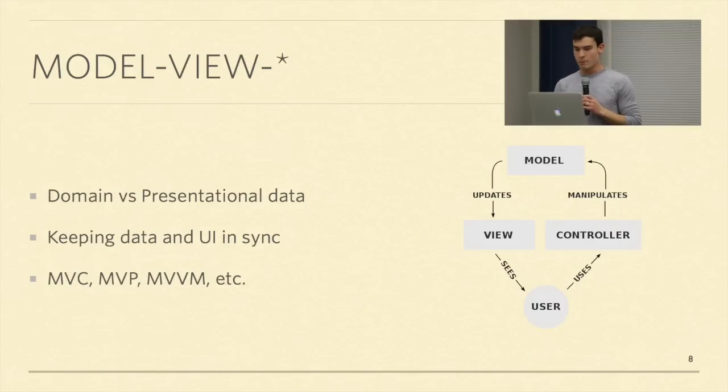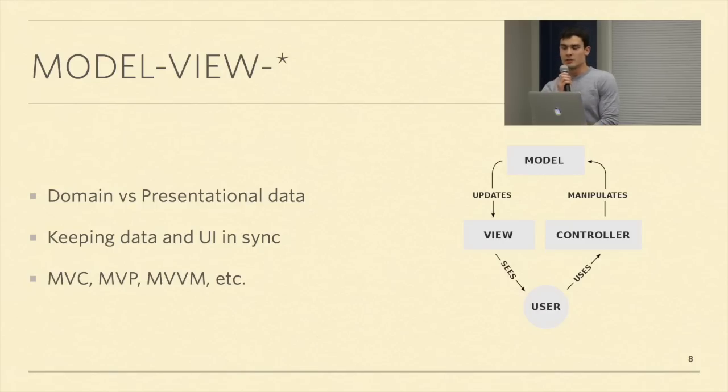With MVC and all of the different flavors around it, it's mainly concerned with separating different concerns of your application. You have different types of data. You have your presentation data. These are things like whether this button is checked or unchecked, whether a menu is showing, et cetera. And you have your domain data.